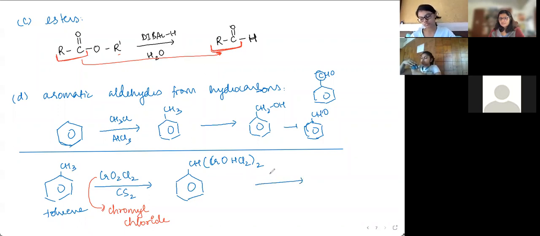And this on acidic hydrolysis gives you benzaldehyde. When you follow this method using chromyl chloride, this particular reaction is called the Etard reaction.